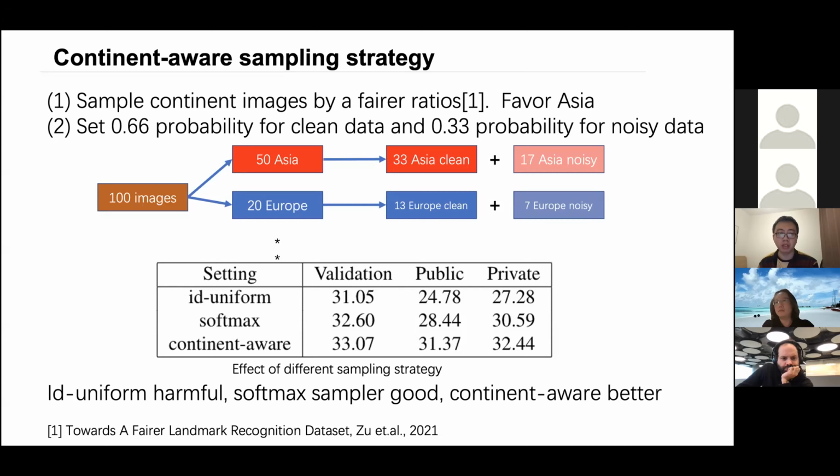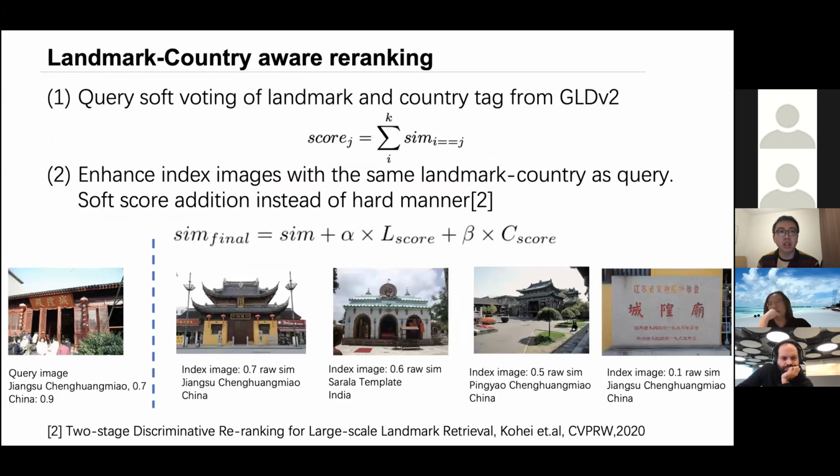Softmax sampling is commonly used in previous solutions, and it performs very well. For the continent-aware sampling, we favor some Asia data, and it performs better on the evaluation.